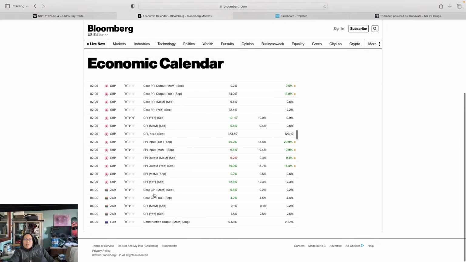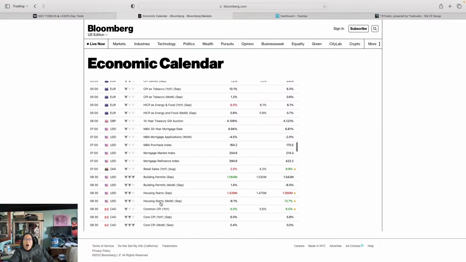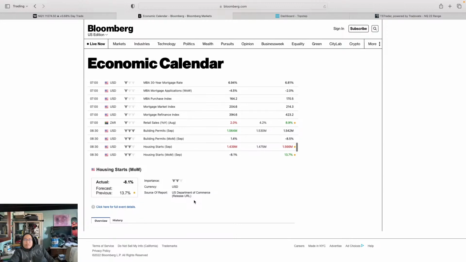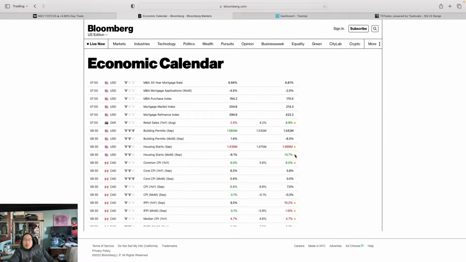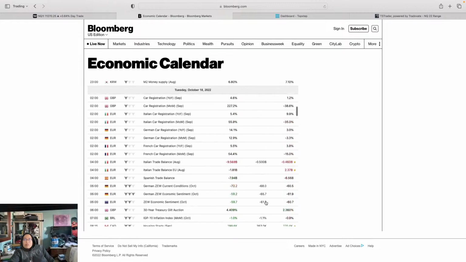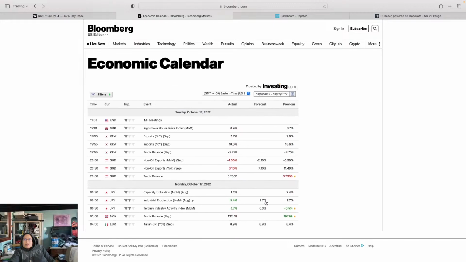Tuesday, Wednesday. Okay. Actual data. What does the dot mean? I don't know. Actual, forecast, previous.